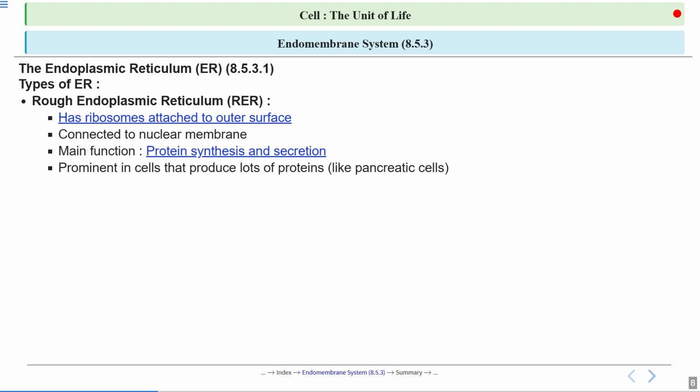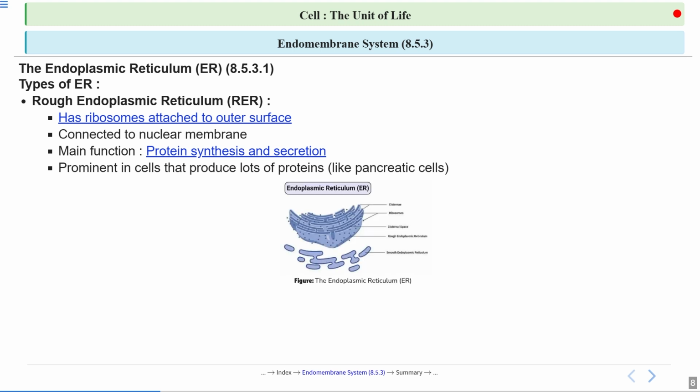It is present in those cells in which a lot of protein synthesis is being done. An example is cells of the pancreas. The pancreas also secretes a hormone. Which hormone? The pancreas secretes insulin, which is a protein hormone.